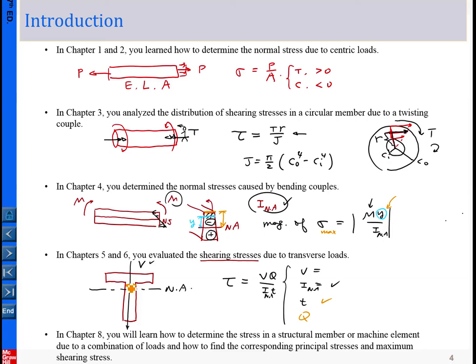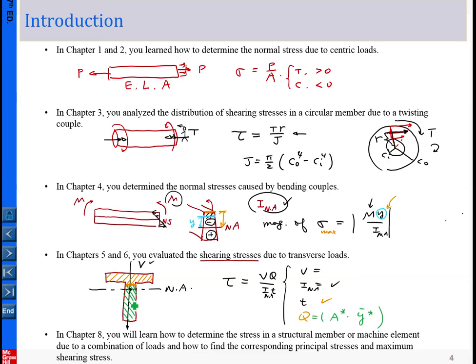For example, if we're interested in determining the stress along this level, then we simply pick Q above the cut. That is the first option. The second option, you can pick the shaded area below the cut you're interested in. Okay, either way you simply determine the Q, and Q is basically equal to A star times y bar star.